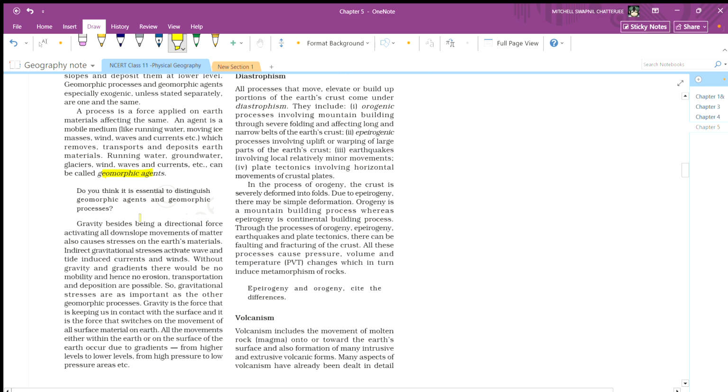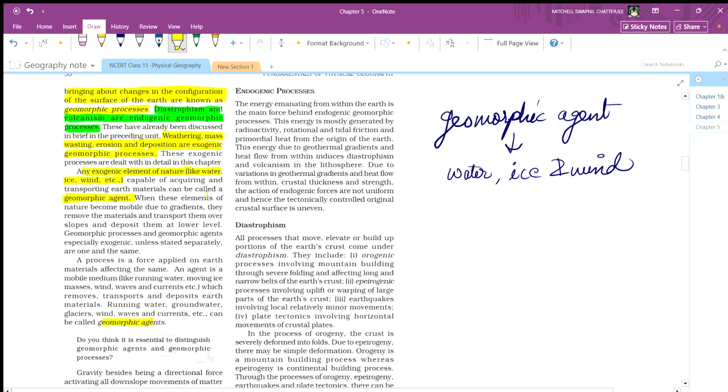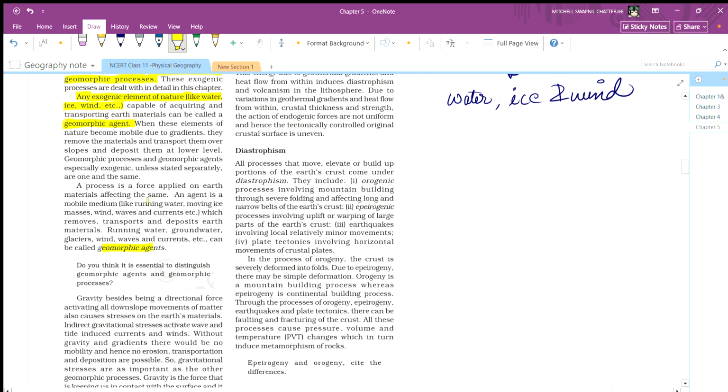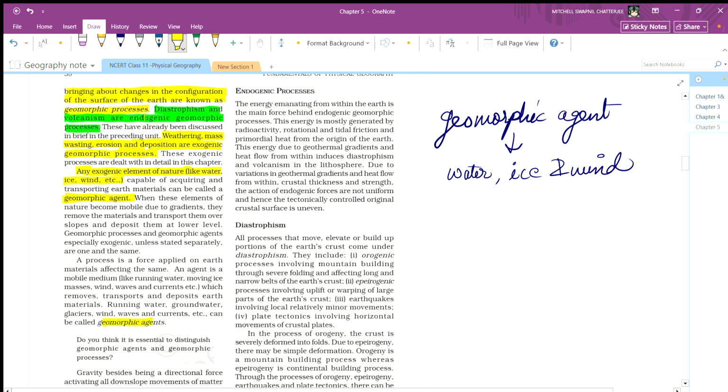Yes, it is necessary to distinguish the exogenic agents like water from the processes. Weathering, mass wasting, erosion, deposition are geomorphic processes. Exogenic processes are dealt with any exogenic elements of nature like water.